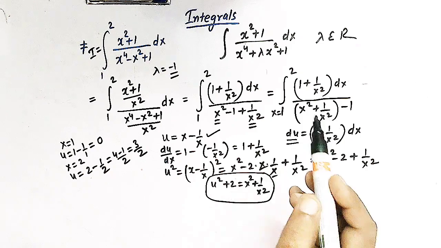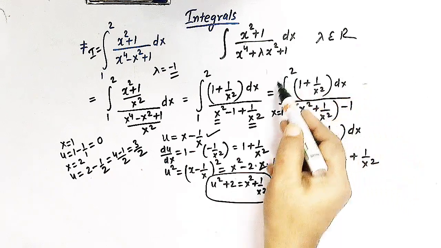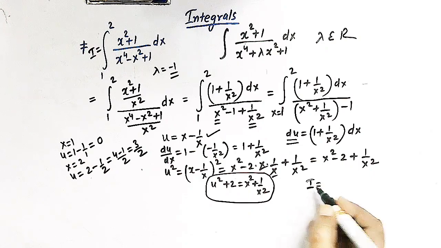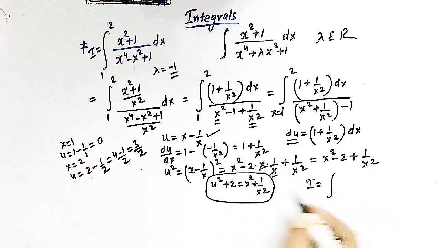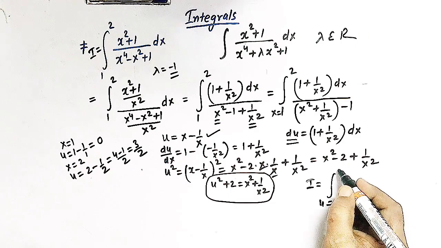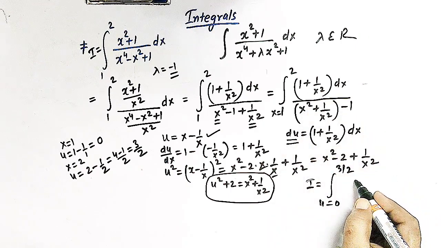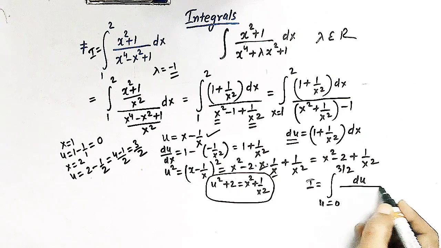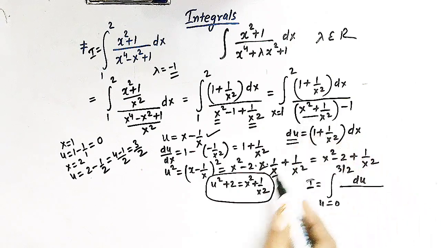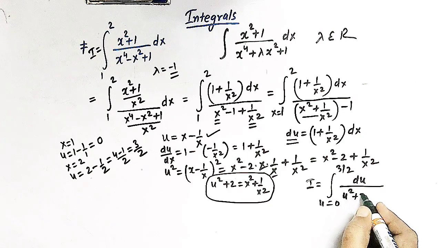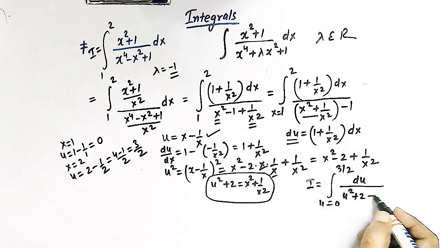So now we can rewrite this integral, that is I, in terms of u. So we can now write the limits are from 0 to 3 by 2, and in the numerator we have du, and in the denominator this term is equal to u square plus 2, and here we have minus 1.